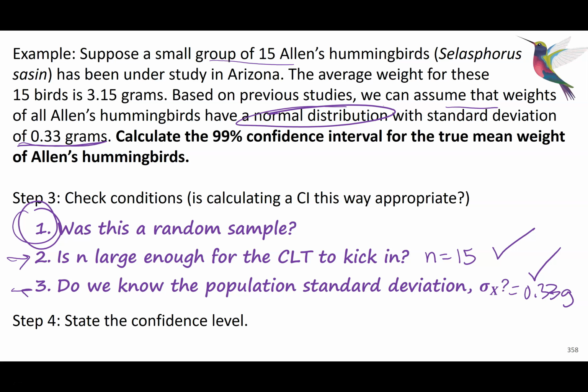So, probably not. In general, though, know that people will brag if they did randomly sample. If it's not mentioned, never assume they randomly sampled. Never assume they did it correctly.